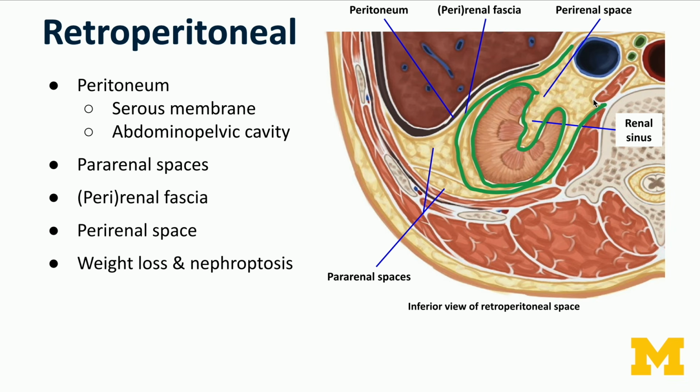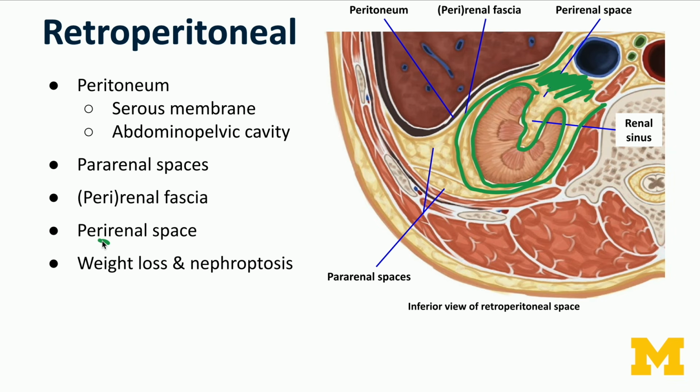This renal fascia, or perirenal fascia, it's referred to both ways, surrounds the kidney, the suprarenal glands, the ureter, as well as a copious amount of adipose tissue that we call perirenal, peri with an I because it's inside the renal fascia, fat. And this is the perirenal space.